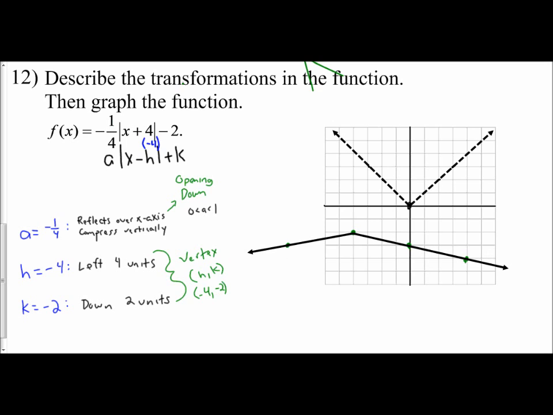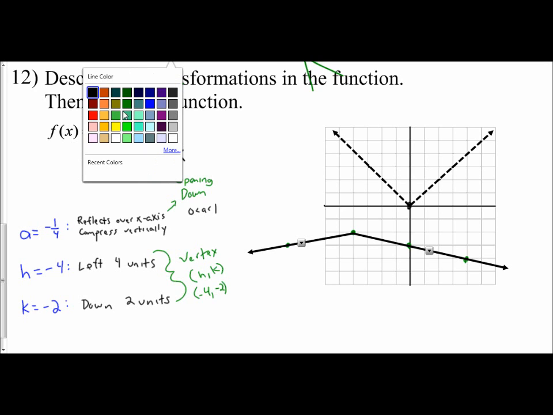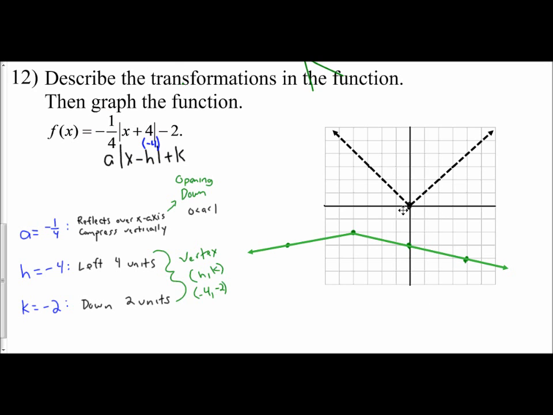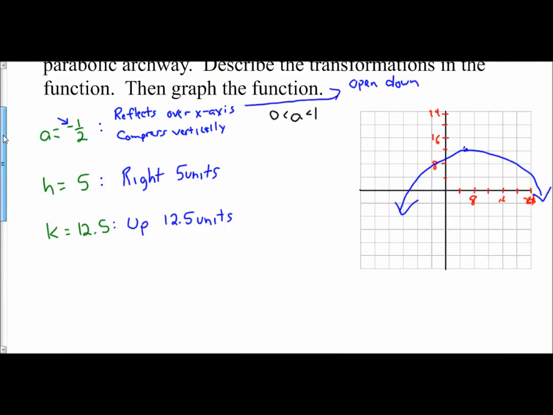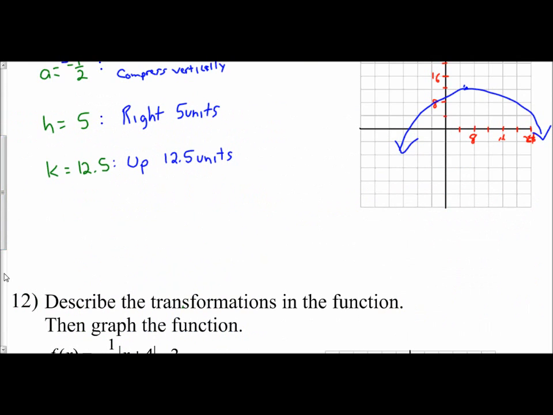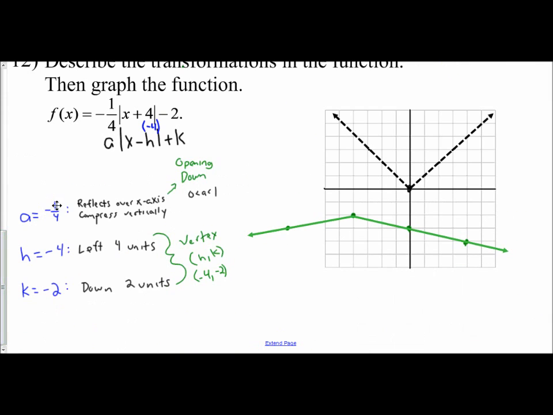And I could change the color as I've been doing so we can see our transformation graph as a different color. It went to the left 4 units, down, it reflected open downwards, and then it compressed vertically, and we used our slope of negative 1/4 to find the other points. And that is how we deal with transformations. I would identify your a, your h, your k, and then work through each one separately on what the values do and go from there.